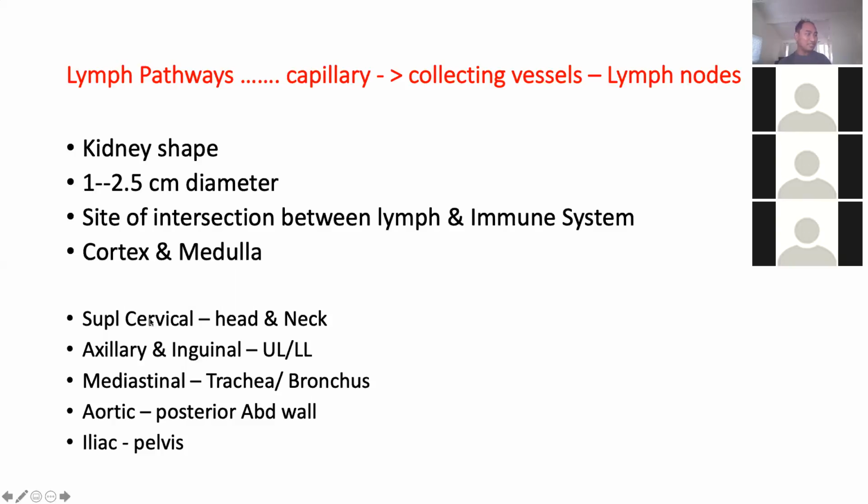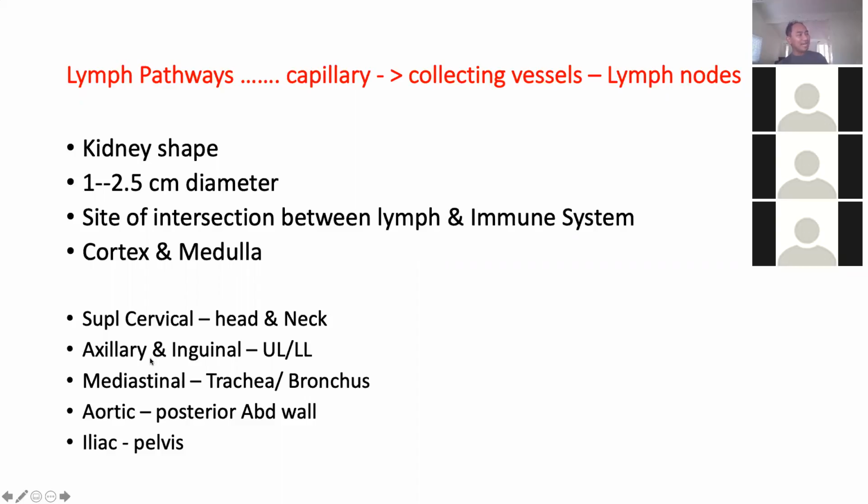So if you see any superficial cervical lymph node enlargement, you will be looking at the head and neck region, looking for any malignancy, cancer, or infection. So that is what we need to check. That's the importance of the lymph nodes and lymphatic drainage.